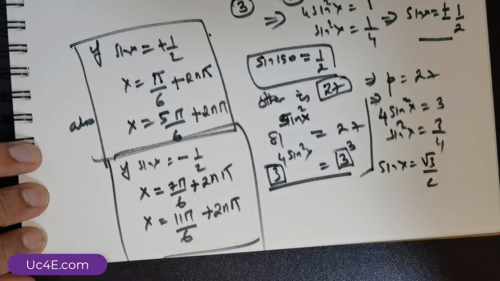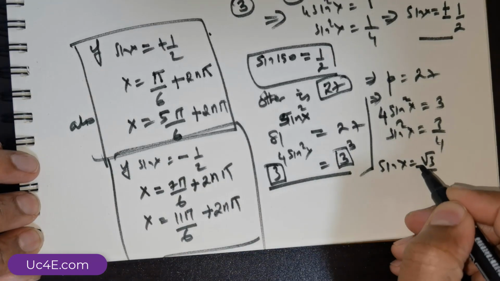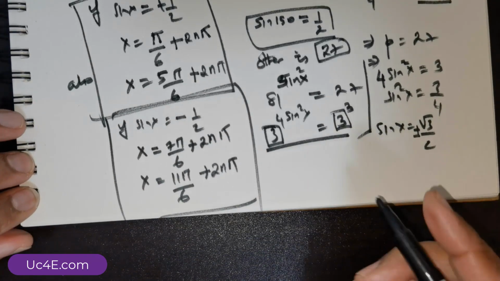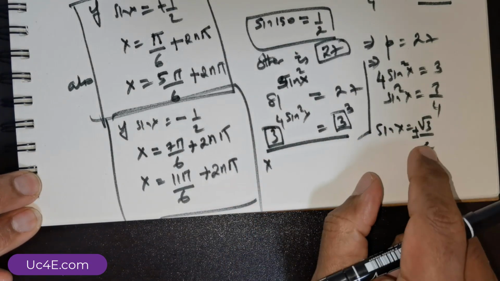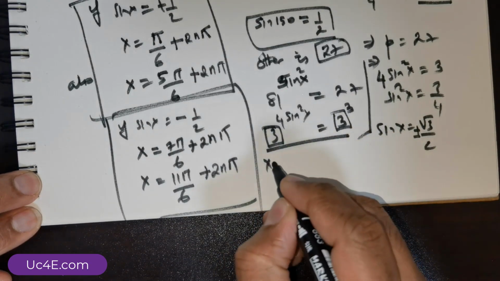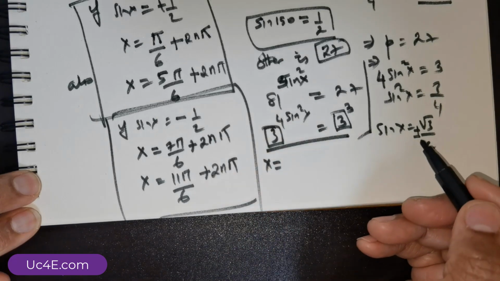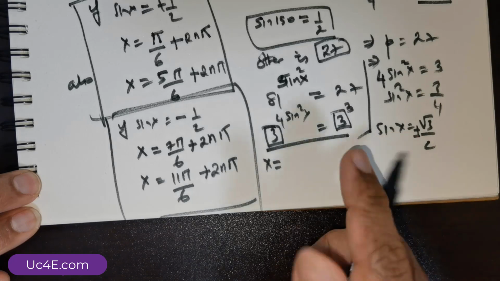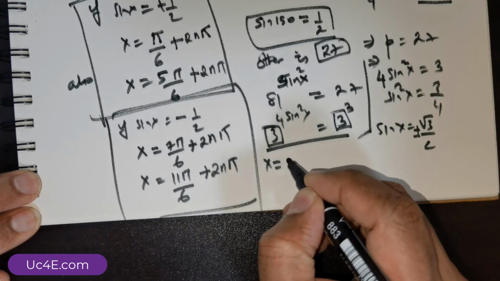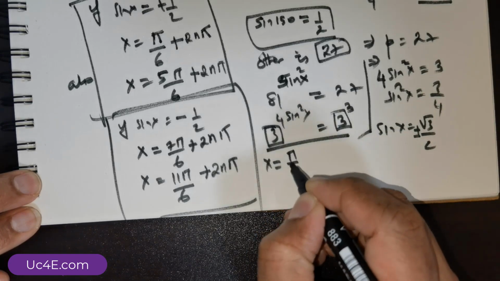Now sine x is equal to root 3 divided by 2 has got a positive and a negative. When sine x is equal to positive root 3 over 2, then clearly x is going to be, because sine 60 is producing positive root 3 over 2, I'm just taking the positive value, x equal to 60 degrees, so it's going to be pi over 3.